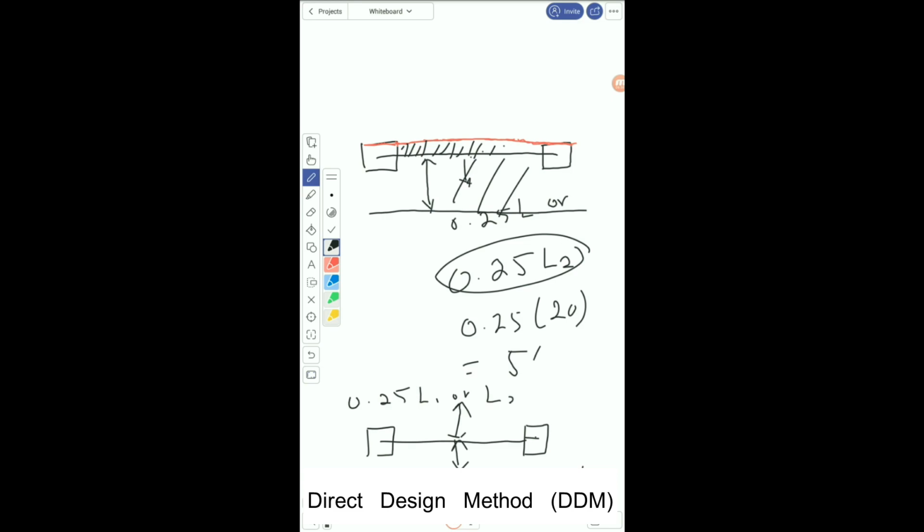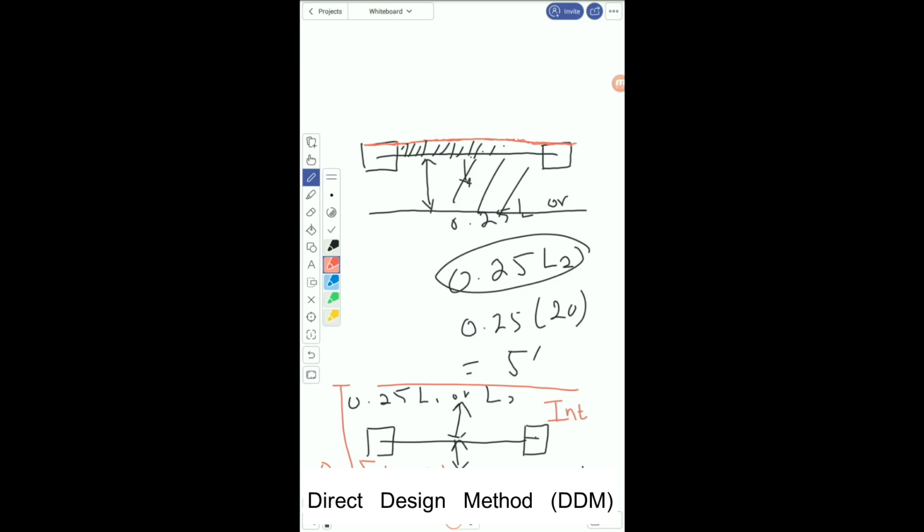Overall, if I measure it completely, the column strip here becomes 0.5 of L1 or L2, whichever is smaller. This is all for the interior frames.